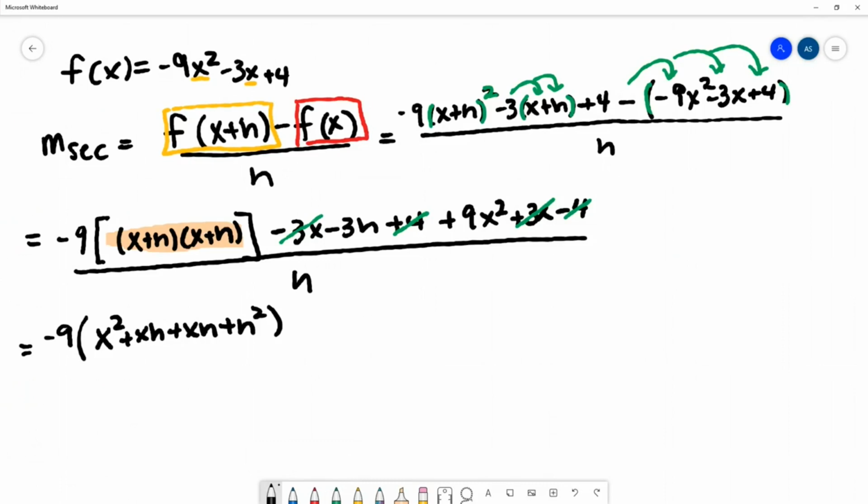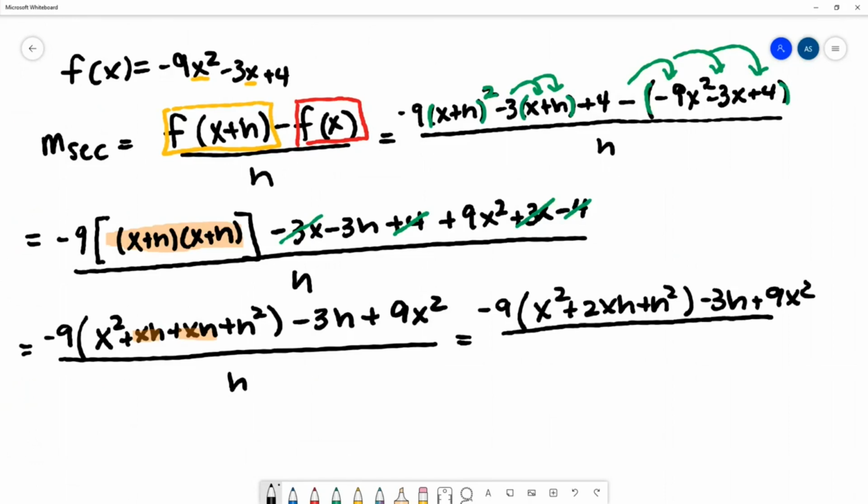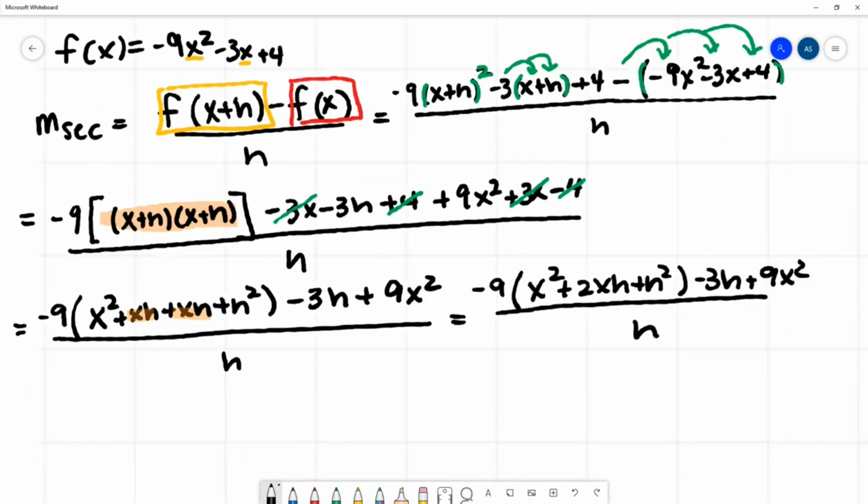And I'll copy down the rest. Negative 3h plus 9x squared all over h. So inside the parentheses, I can combine like terms. The xh and xh combine to be 2xh, so we have negative 9 times x squared plus 2xh plus h squared, minus 3h plus 9x squared, all over h.